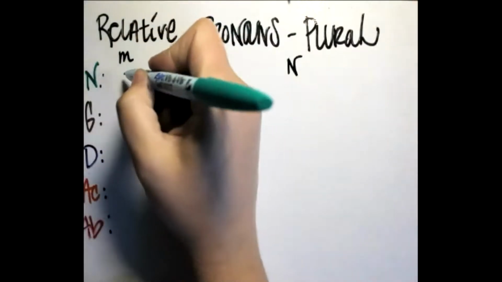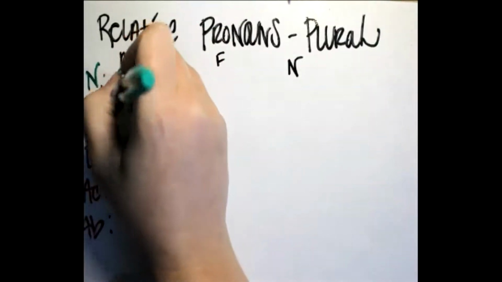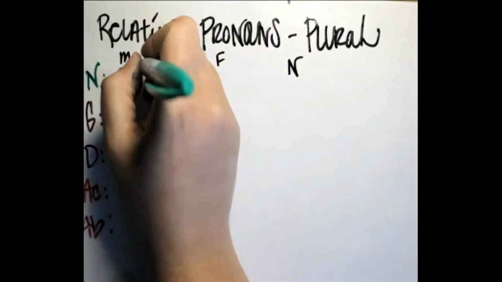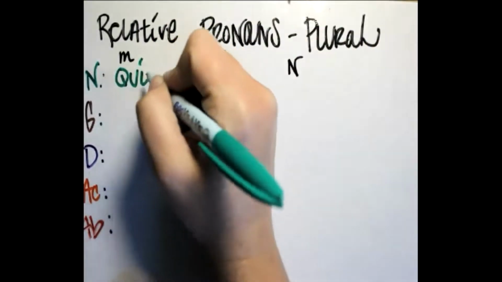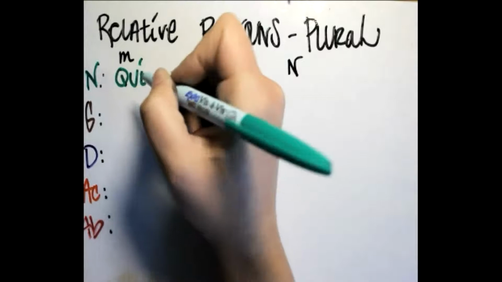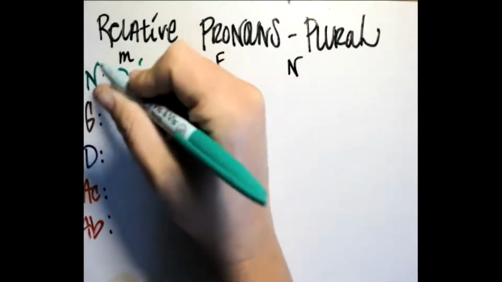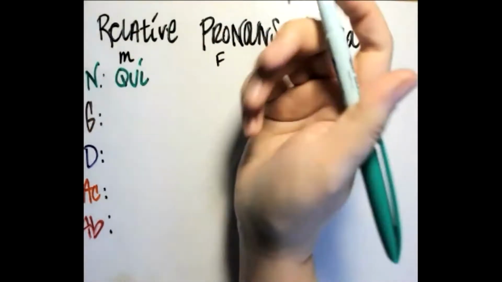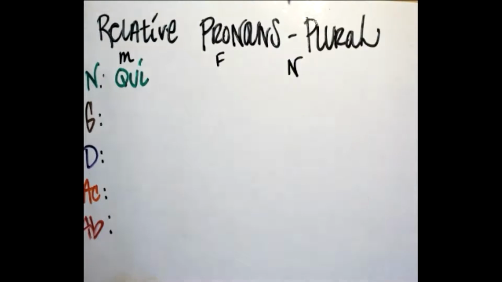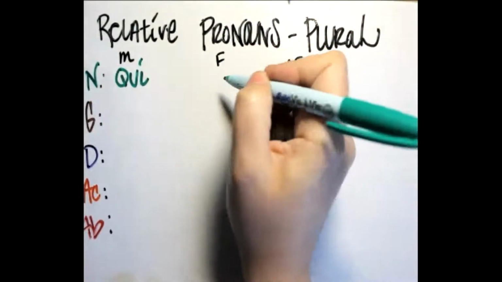So the masculine singular for the relative and the masculine plural look the same. And then how will I tell them apart? Because remember, this is a relative pronoun and it requires an antecedent. So you'll see the antecedent either previously in the sentence or previously in the text, okay? The feminine is the same form as well.